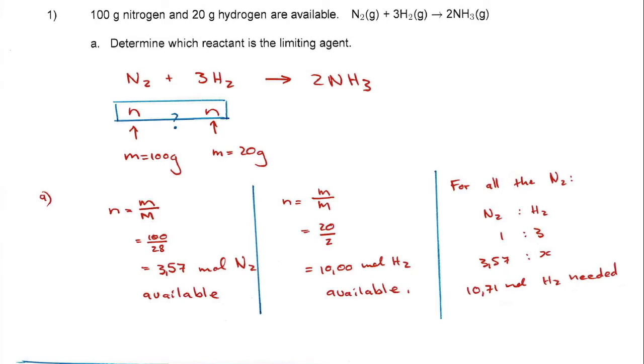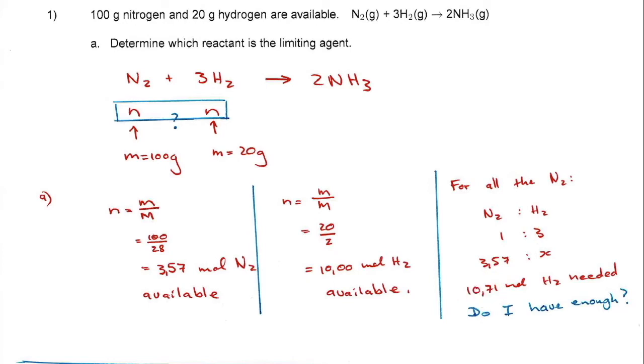And then the question you always have to ask yourself is, do I have enough? You just compare what we need with what we've got. We've only got 10, and for all the nitrogen to react, you would have needed 10,7.